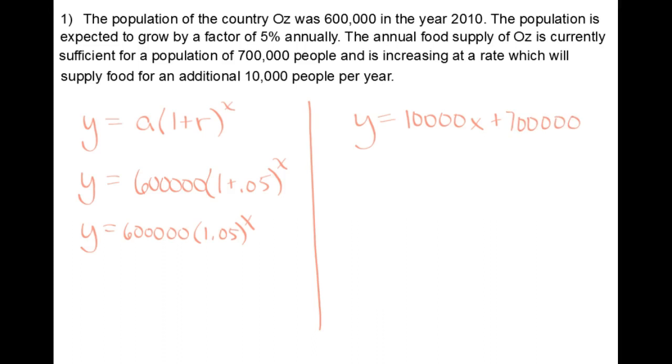So there's that equation. It's really gigantic. Lots of zeros. So I didn't have to do much work to get that one. I just had to know what is the rate of change, what is the initial value or the starting position or the y-intercept. So these two equations, just staring at them, don't really help us. I don't really know how long they can last in this situation. So we're going to use our calculator to help us out.